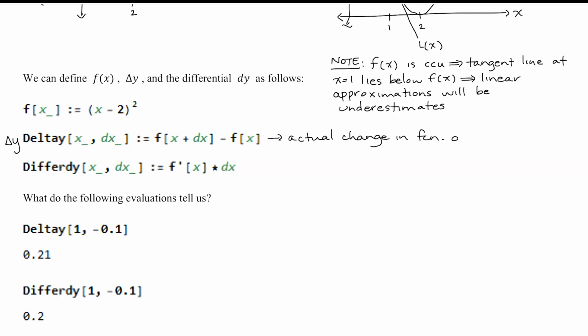So this is the actual change in the function output. And next I have the differential dy. That is f prime of x times dx. So that is an estimated change in the function output.